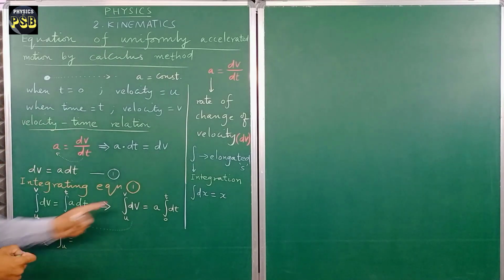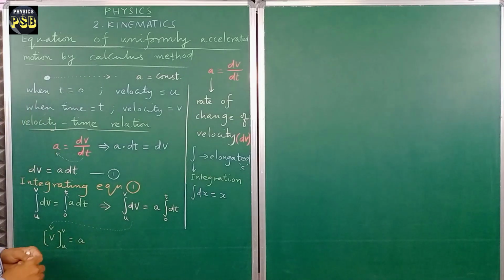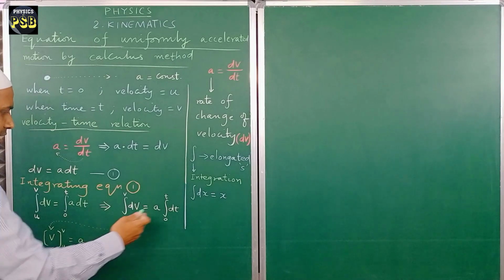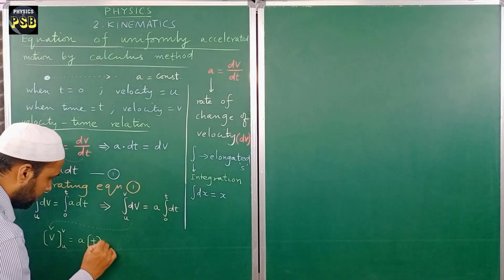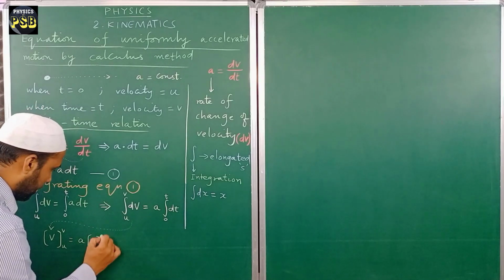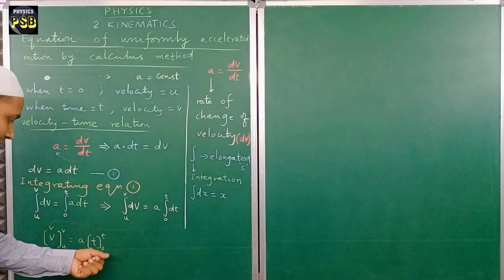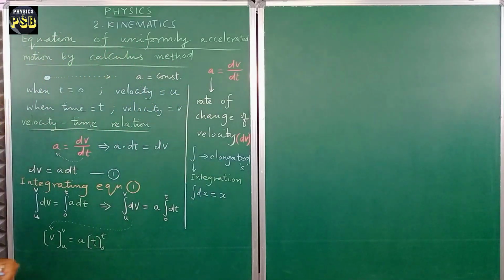Equal sign. Then a is written as such. Then I integrate dt. Following this formula, I will get t, with lower limit 0 and upper limit t. After that, in place of these variables, I am going to substitute the lower limit and upper limit. Clear? Let's do it.